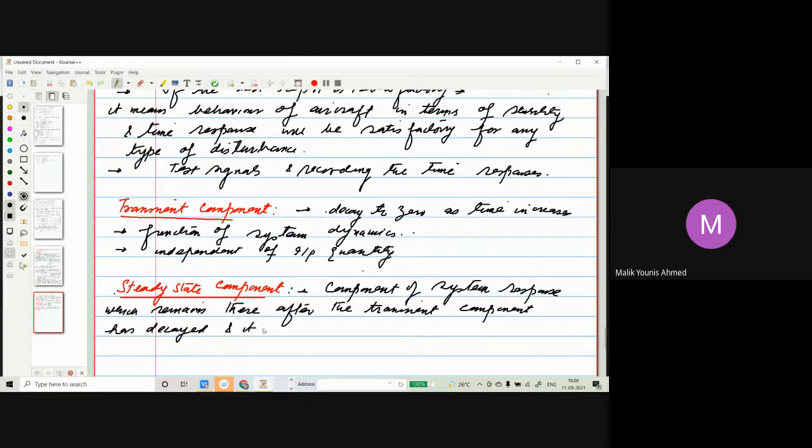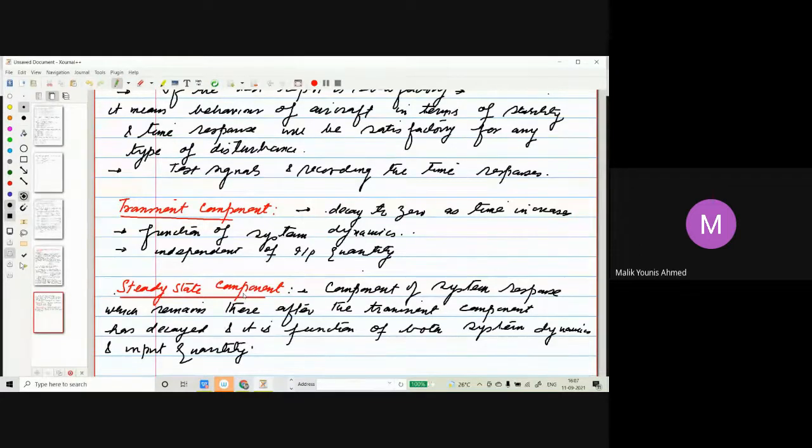And it is a function of both. What are those? System dynamics and input quantity. System dynamics will always be there. So it's a function of both.